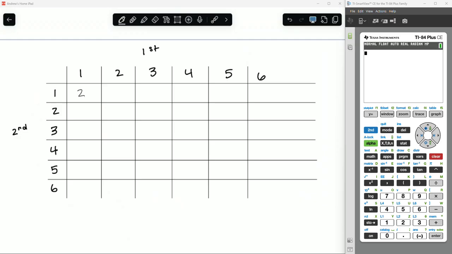So 1 plus 1 is 2. 1 plus 2 is 3, all the way down the row. And then the same, 2 plus 1 is 3, 2 plus 2 is 4, all the way down the row.